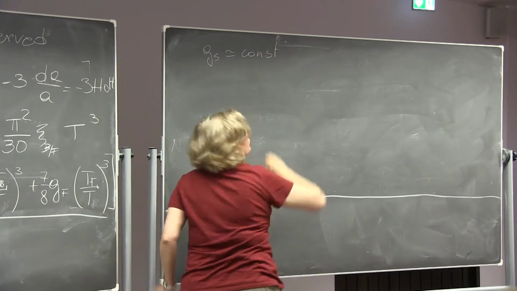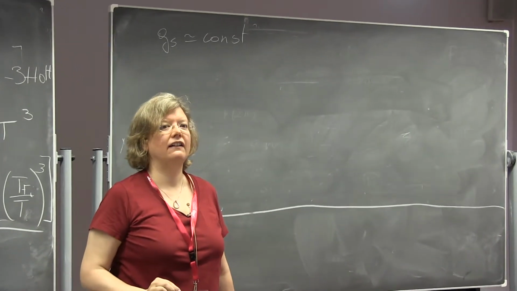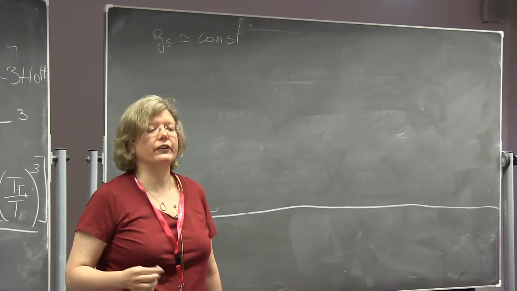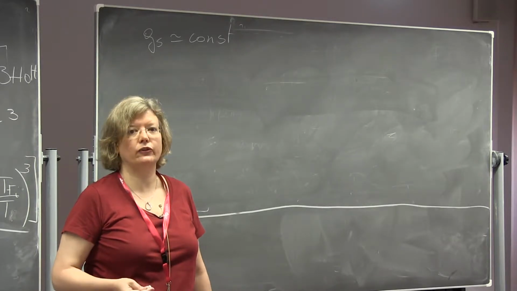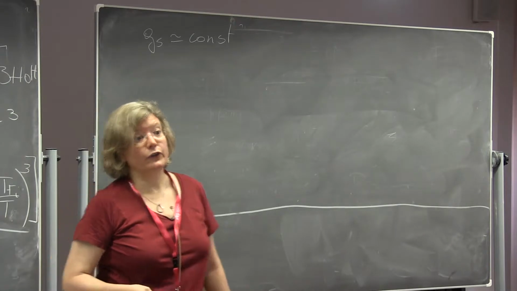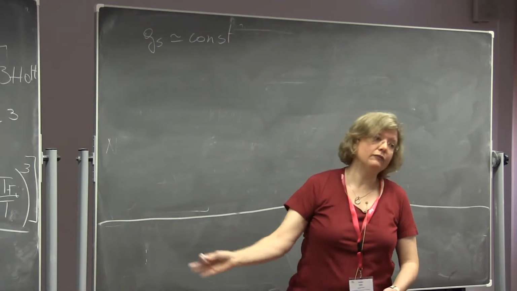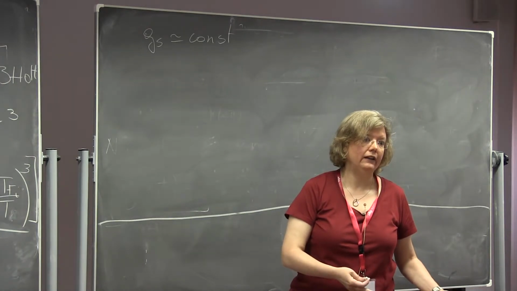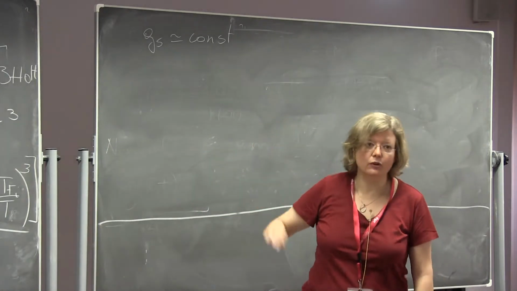So when do you change the number of degrees of freedom? If there's a phase transition. Yes, if you have a phase transition, of course, but there is also another very simple reason. When particles become non-relativistic, if I reach a temperature of order their mass threshold, I have to drop those particles out from the relativistic degrees of freedom. That's why g star is actually more of a step-like function, which I will show you in a plot later.